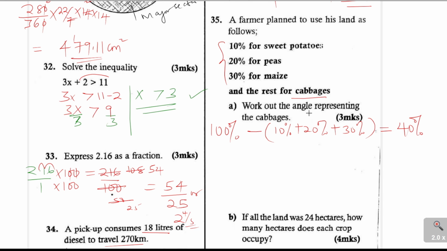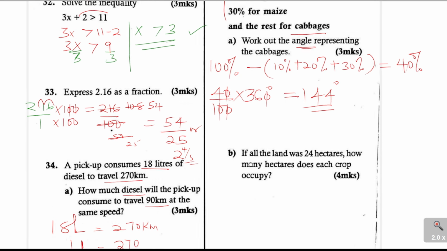So now to get the angle representing cabbages, it will be 40 over 100, times the total angle in a pie chart, that is 360. So this will give 36 times 4, which will give 144 degrees.